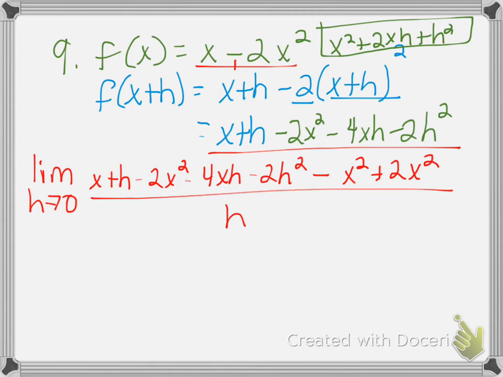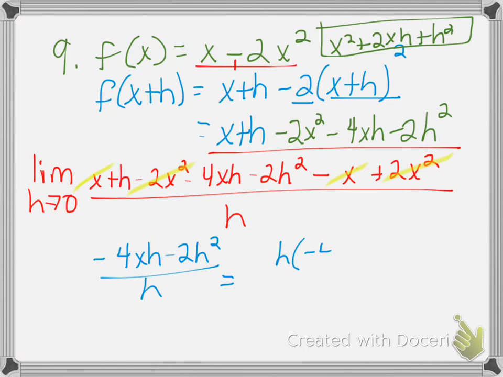Alright, what things can cancel here that we have? That should have been just an x, not an x squared. Alright, x's will go away. 2x squareds go away. So I'm left with negative 4xh minus 2h squared over h.